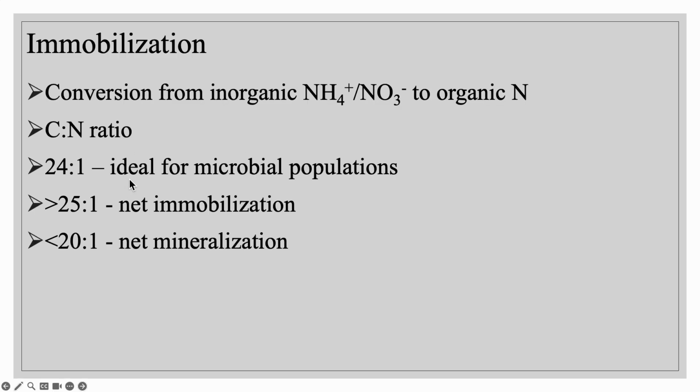And the reason for this, if you remember back from our soil organic matter and our microbes, is that the ideal carbon to nitrogen ratio for microbes is 24:1. Well, if we get above 30, we start having a net immobilization. So the microbes will be looking for inorganic nitrogen in the soil in order to get the energy to perform the decomposition of that organic matter.